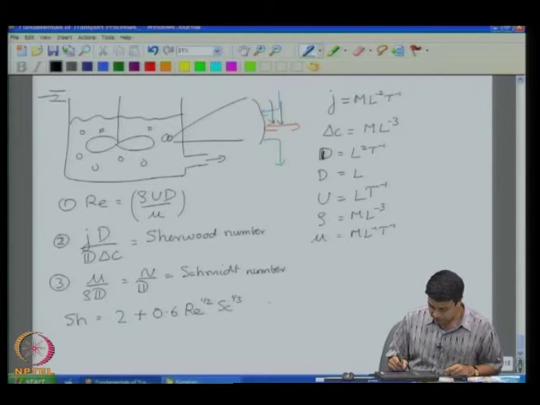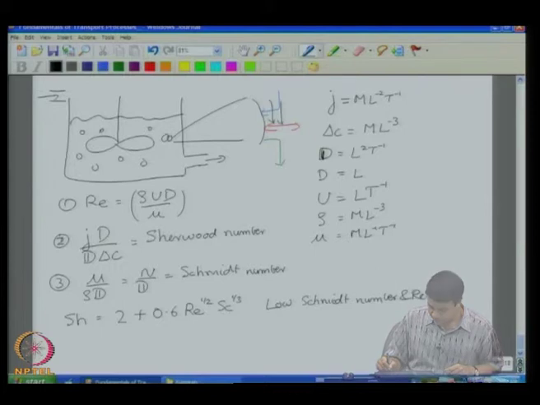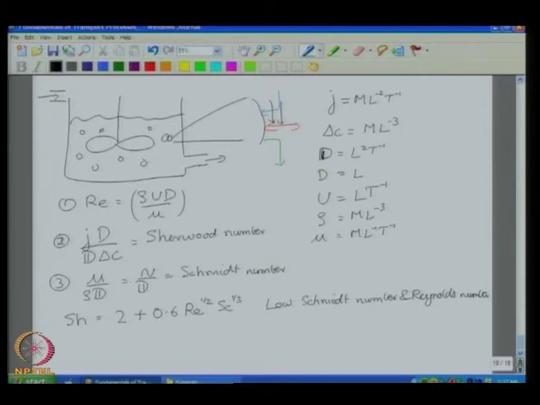This is in the limit of very low Schmidt number and Reynolds number, where the flow is basically in the laminar state.